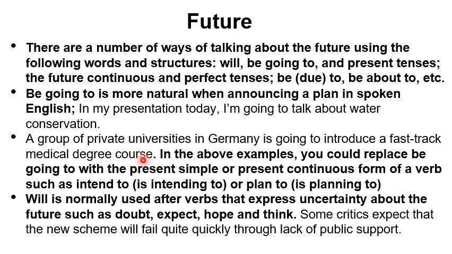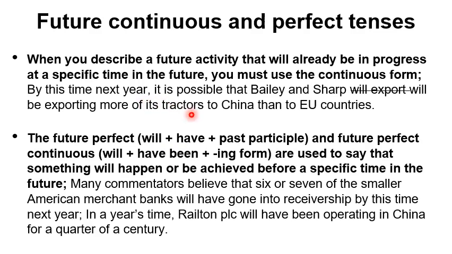When we have some certainty in the sentence, we can use is going to, are going to, present simple, and present continuous. When the event is not static, is continuous in the future, we have to use the future continuous tense.